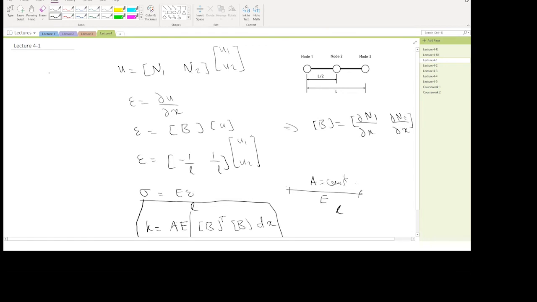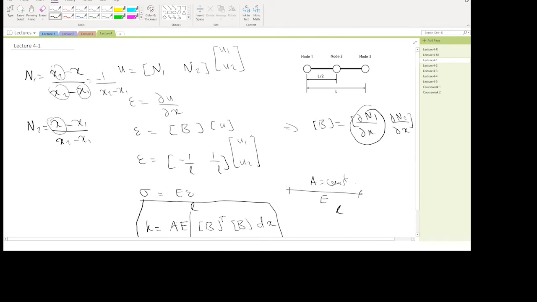And you remember the expression we have for N1 is X2 minus X divided by X2 minus X1, and N2 is X minus X1 divided by X2 minus X1. The derivative of N1 with respect to x: this is constant, this is constant, this is constant, it is only minus x. So it's going to be minus 1 divided by X2 minus X1.